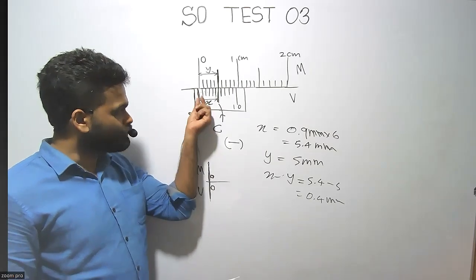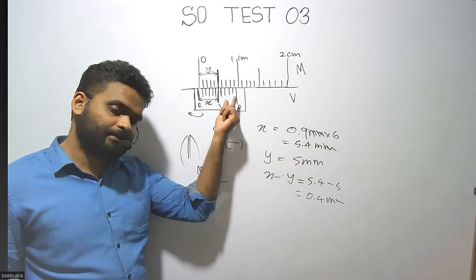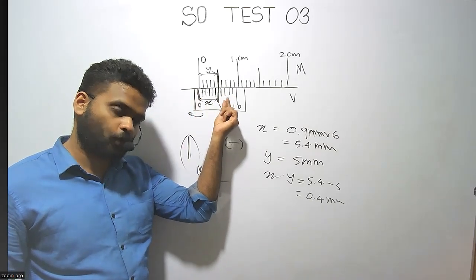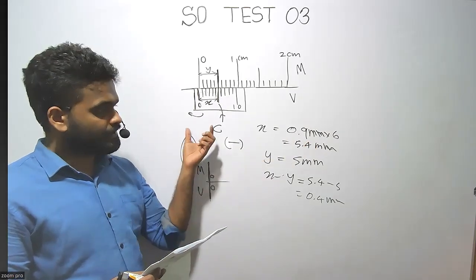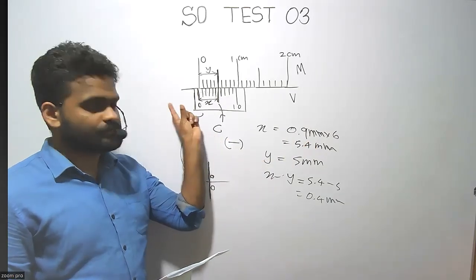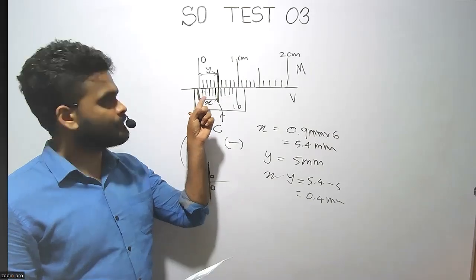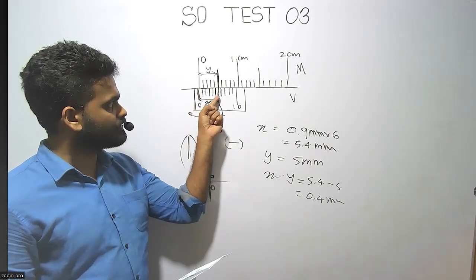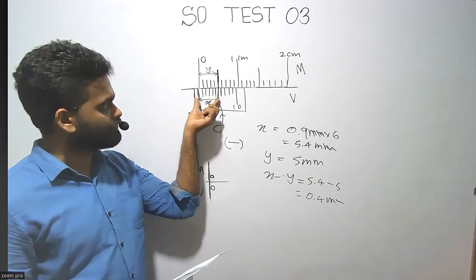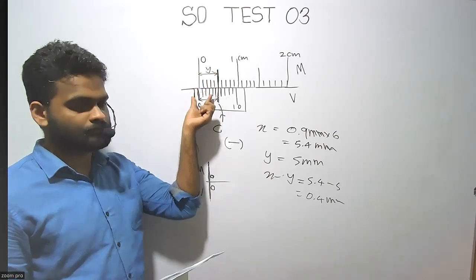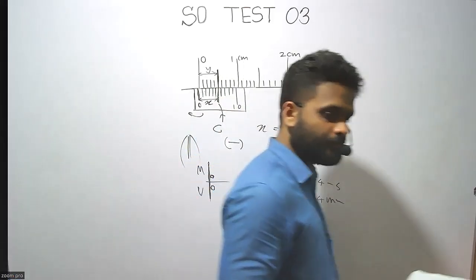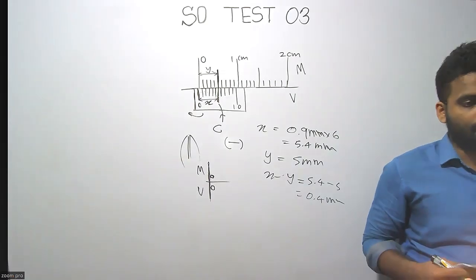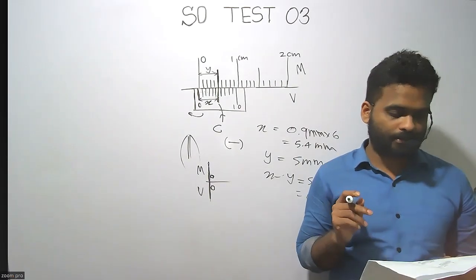You just have to find a coinciding mark, then just multiply by least count. But when you get a negative 0 error, I suggest you do this method, right? The gap from the 0 to the coinciding points from each part should be the shifted amount to the other side. So that is how we calculate a negative 0 error.